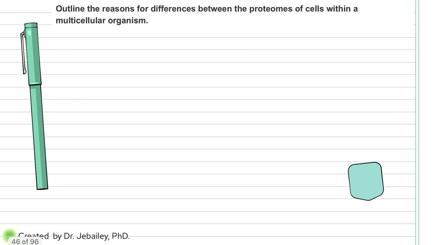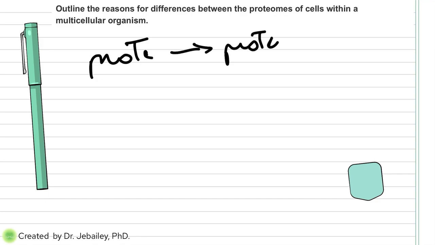So here's another one of the questions. It says, outline the reasons for the difference between proteomes of cells within a multicellular organism. So then students are like, what the hell is proteome? Just from the word protein, that's close to the word protein.